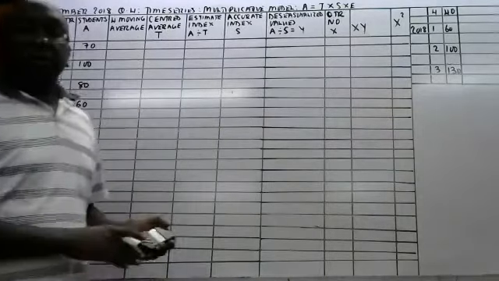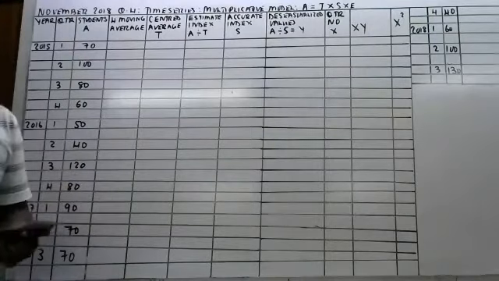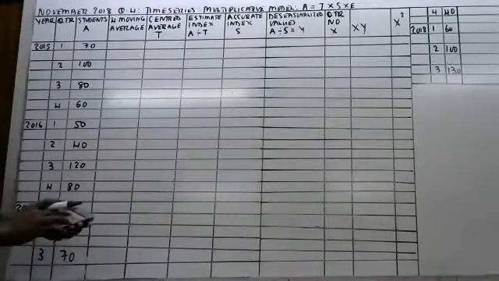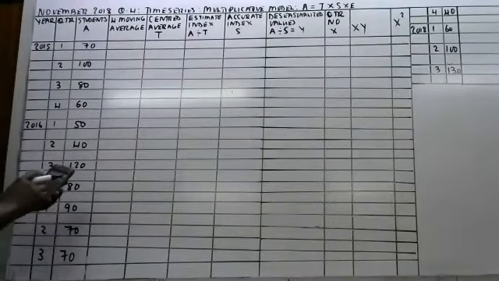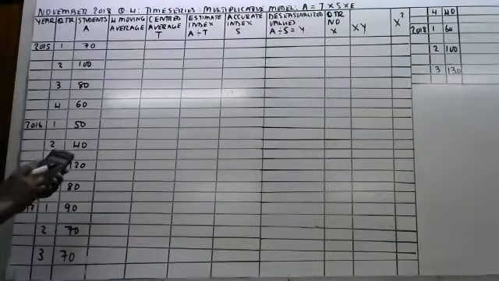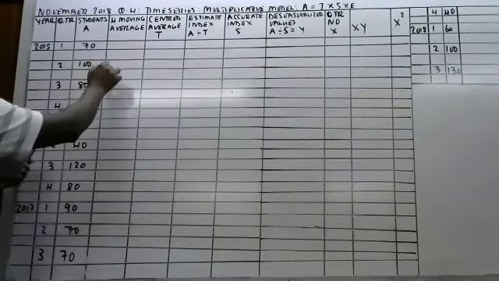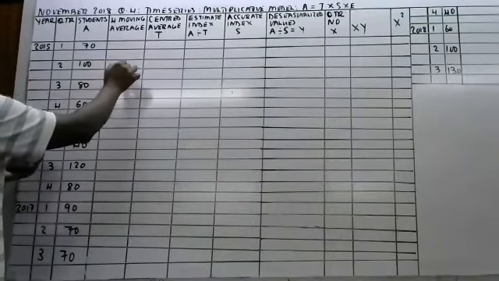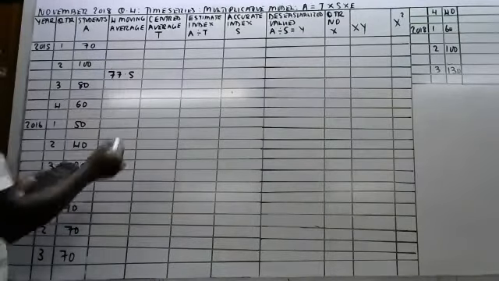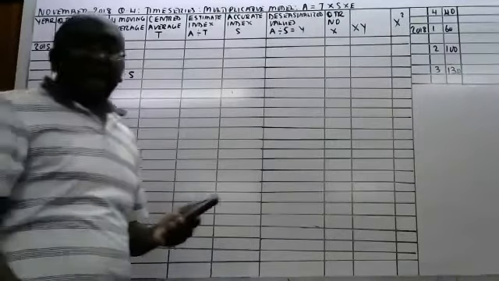So I can see most of us, we are there. So we can begin. We said what you do, you take the first four values. So 70 plus 100 plus 80 plus 60 divided by 4 is 77.5.